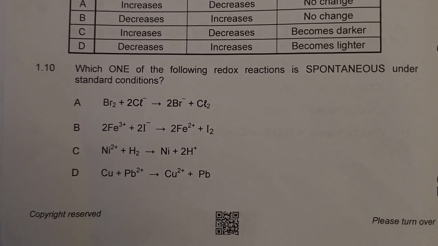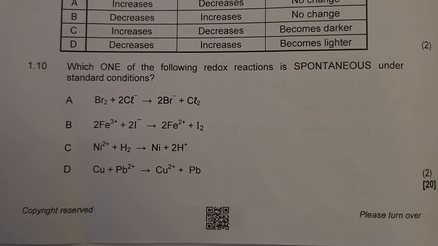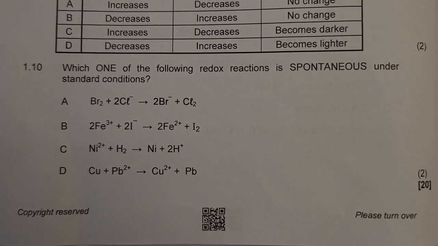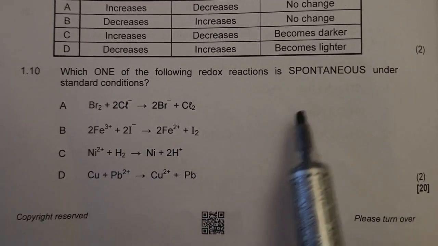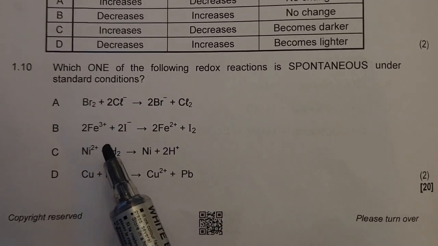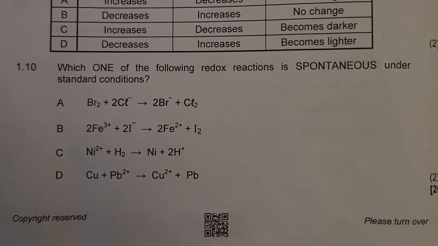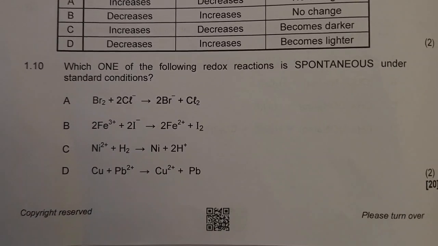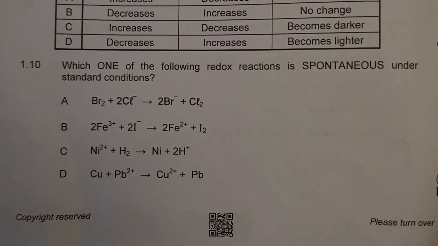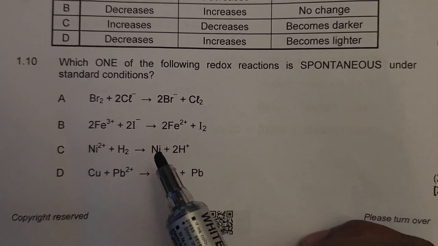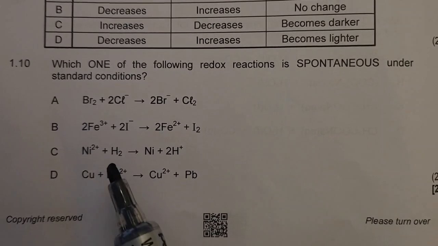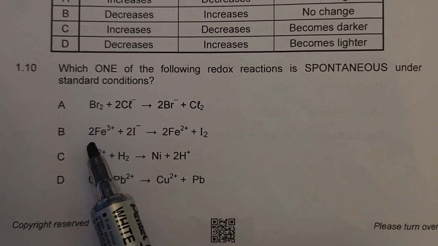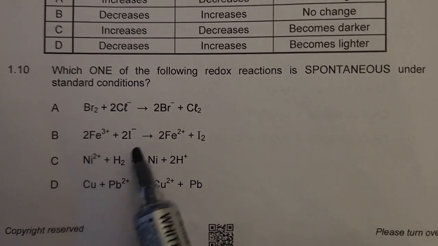In this one, 1.10, they say which one of the following redox reaction is spontaneous under standard conditions? Fine. Under standard conditions now, which one is spontaneous? In this case, we're going to use the electrode potential table. Obviously, if you use that electrode potential table, you look at the one between the two, which one must be oxidized.